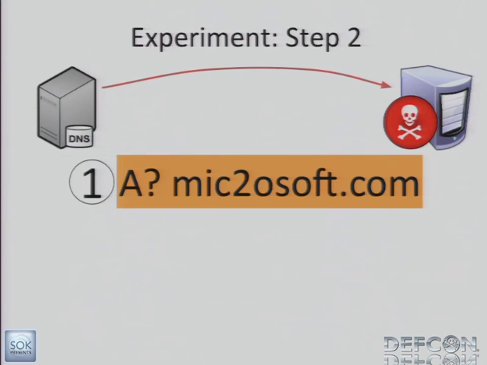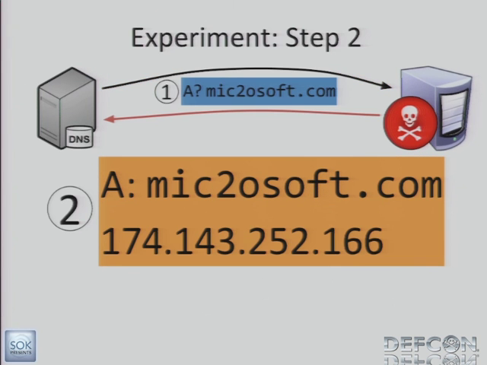Experiment step 2 is you have to properly answer DNS. And this is actually very important, and I'm going to go through this via an example. So let's say somebody out there is trying to resolve a domain name you registered. Let's say it's mic20soft.com, 1 bit away from Microsoft.com. So you're going to get an A record request, and of course you'll answer it. But the trick here is that we think that a bit error happened somewhere on that server that asked you for the domain name.